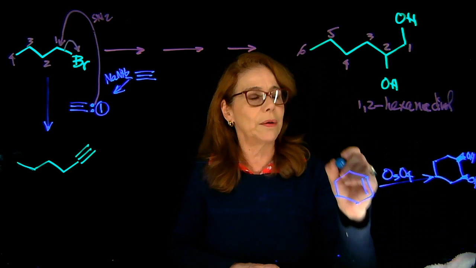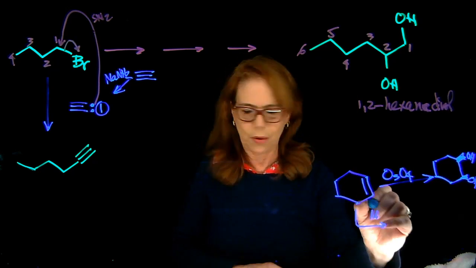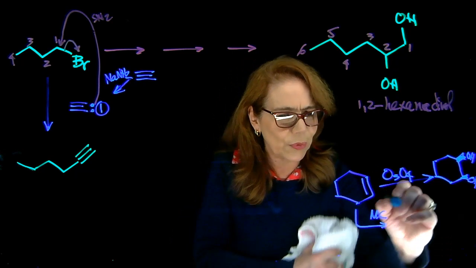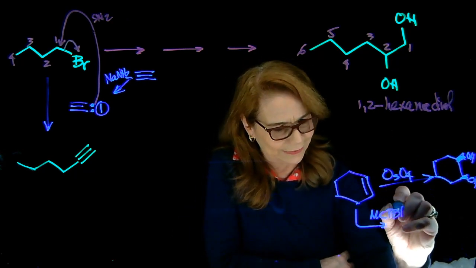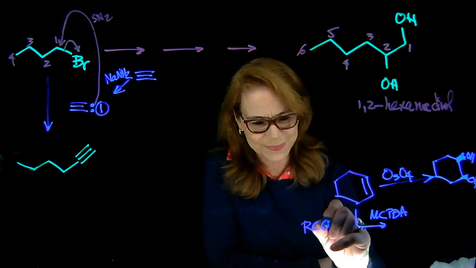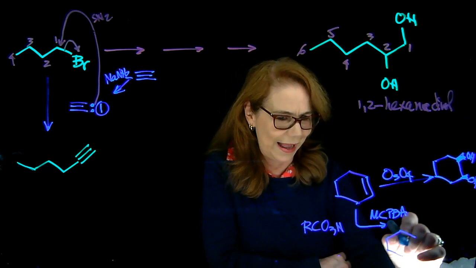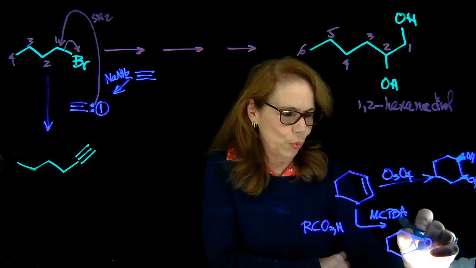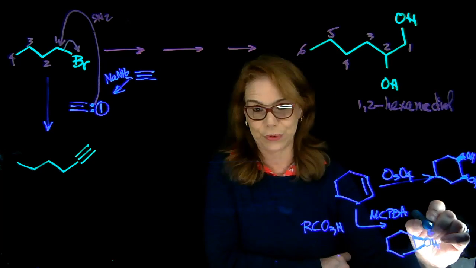But another way of making a diol would be using a peroxy acid. In many cases we use metachloroperbenzoic acid, but any peroxy acid will do. And this is formed via an epoxide, which under acidic conditions is protonated.